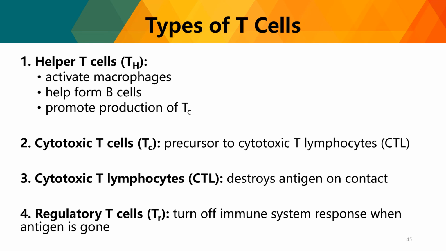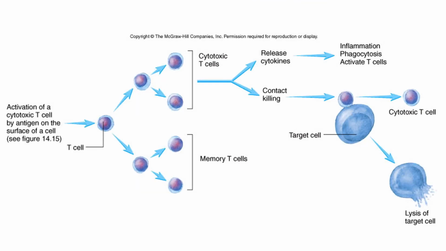You also have your cytotoxic T cells, a precursor of your cytotoxic T lymphocytes. Your cytotoxic T lymphocytes destroy your antigen on contact. And lastly, you have your regulatory T cells, which turn off immune system response when antigen is gone.